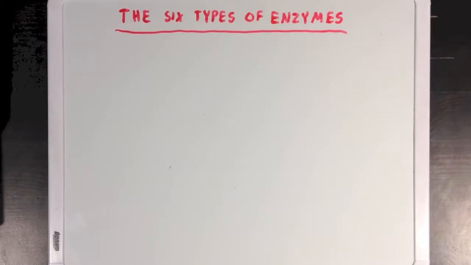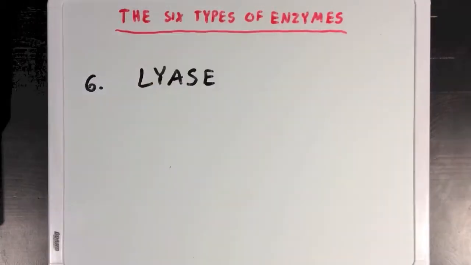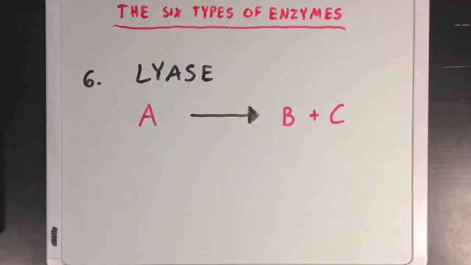Now, our last category is a little more complicated than the others, and it's the lyase group. Lyases catalyze the dissociation of a molecule like molecule A into molecule B and C without using water like hydrolases would, and without using oxidation or reduction like an oxidoreductase would.